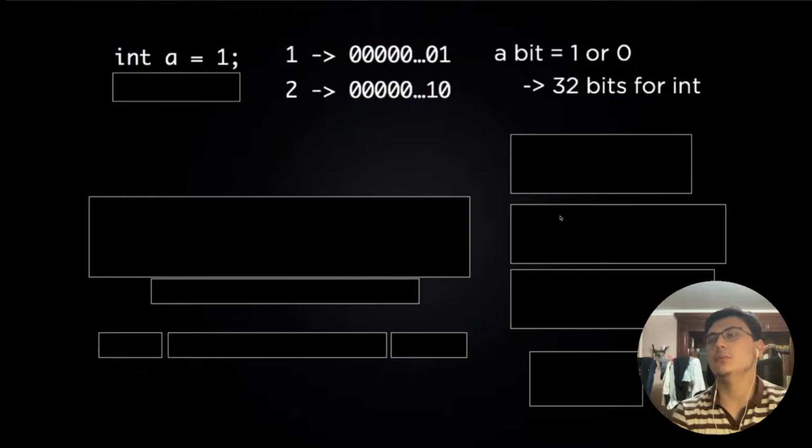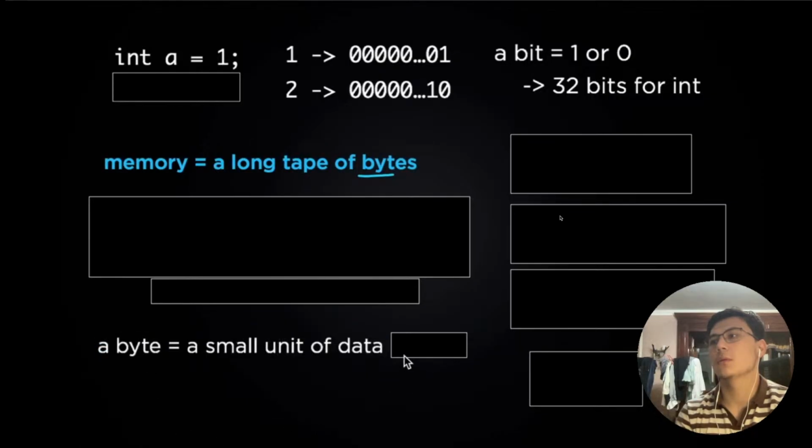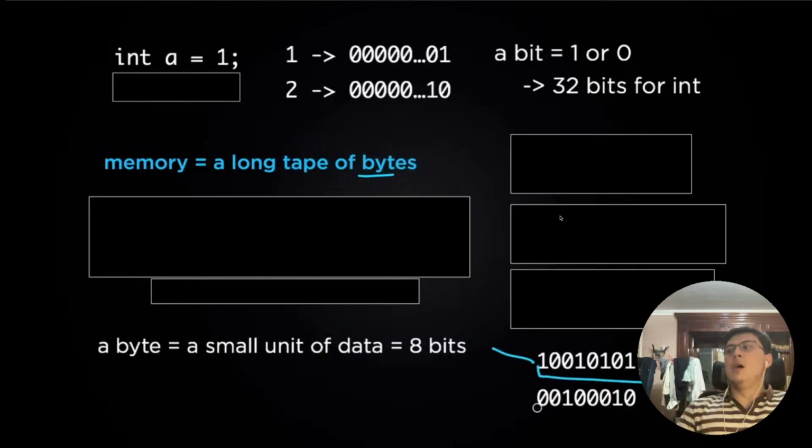Okay, the second thing you'll need to understand is a simple model of memory. Memory can be thought of as a long tape of bytes. Now, what is a byte? A byte is basically a small unit of data, and it consists of 8 bits. So each byte might look like this, where it has 8 bits, or this one.